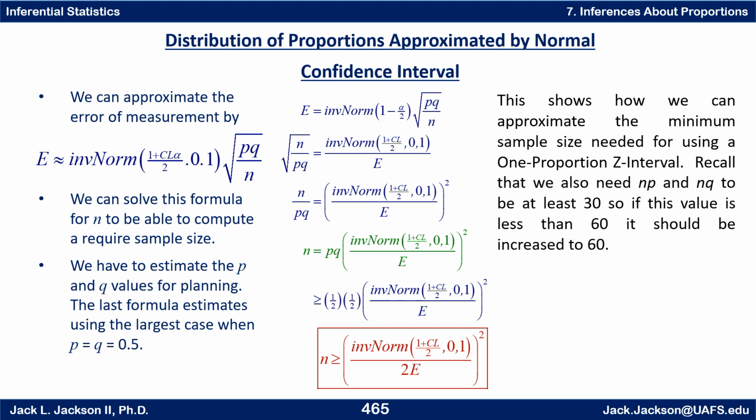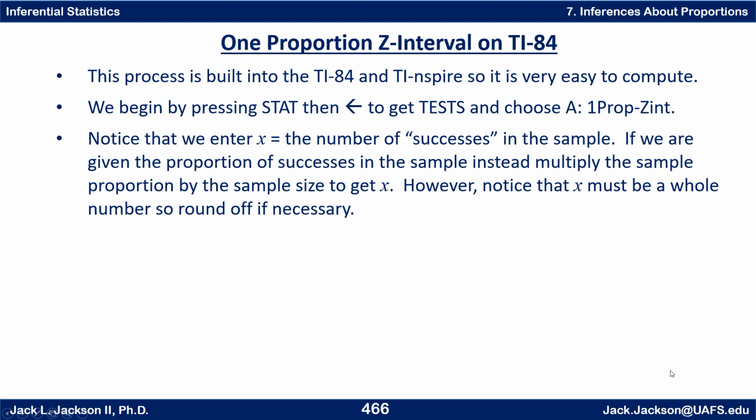Continuing on. This process for computing the 1 proportion z interval is built into the TI-84. So as always, we begin by pressing stat, then left arrow to get to test, choose letter A, 1 proportion z interval, and it will ask for the number of successes in the sample.